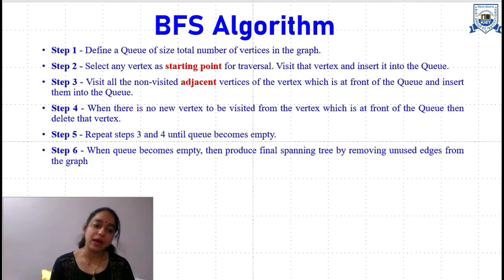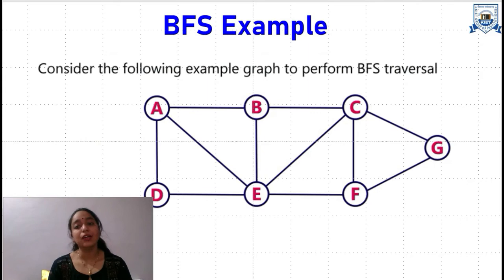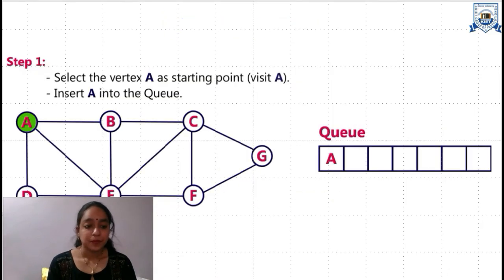Let's take an example and understand this algorithm. We have considered this particular graph for the breadth first search traversal. We have selected vertex A as the starting point.